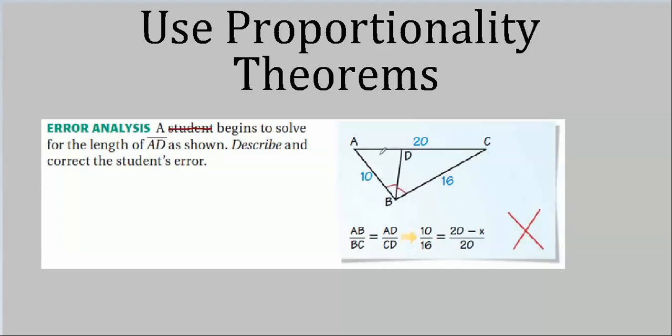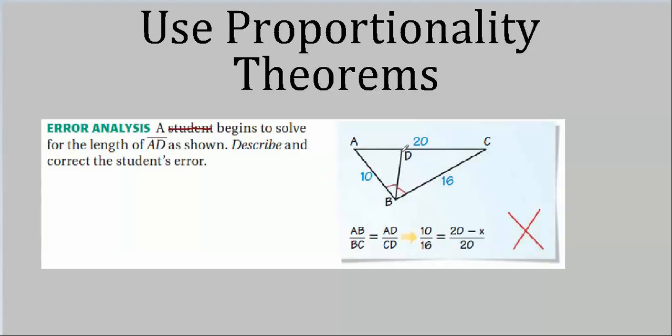Well, let's check this one out. Looks like he's starting out okay. Remember, this is a bisector. We know that because they put the little hash mark in here to tell you that each of these angles are equal, which means congruent, if you prefer.